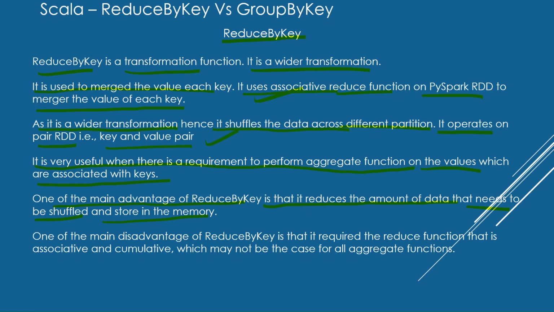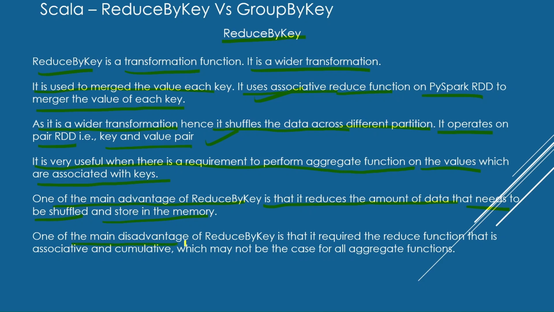It reduces the amount of data by applying the associative reduction function in each partition, or we can say in each key, due to which data becomes very small and is easily stored in the memory. And when the shuffle operation happens at the last stage, a very small amount of data will be shuffled across different partitions. That makes reduceByKey a very performance-optimized function.